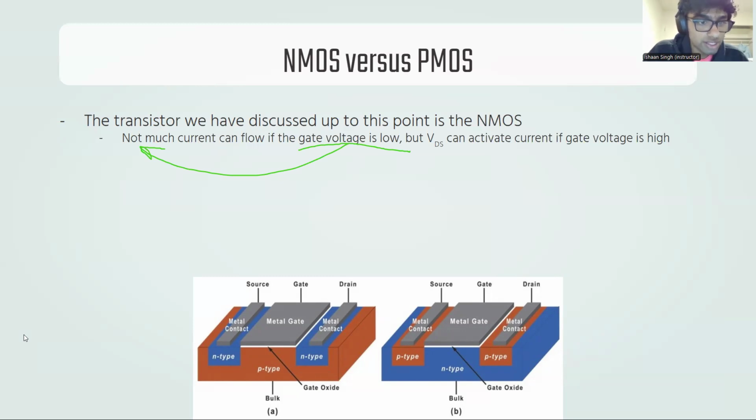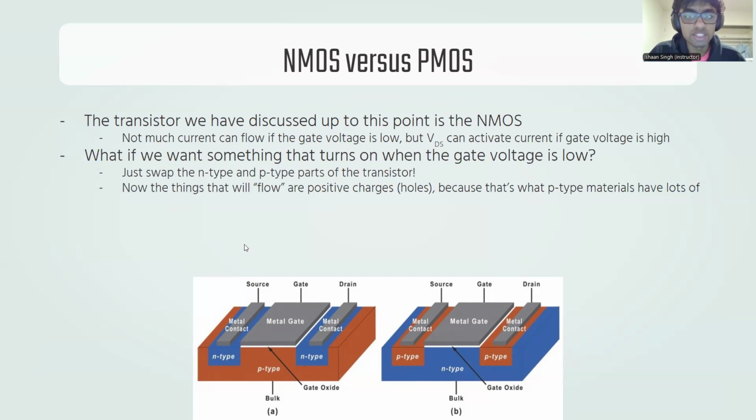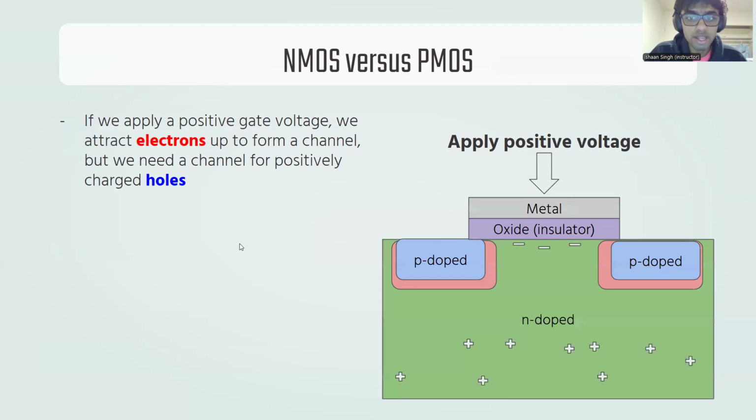For a PMOS, the opposite is true. If the gate voltage is low, now the stuff can flow through. Think about this as the exact opposite of the original situation. So notice in this diagram, the p-doped regions are at the corners and the n-doped is at the center, okay? We apply a positive voltage to the top and we attract the negative charges here as we did before.